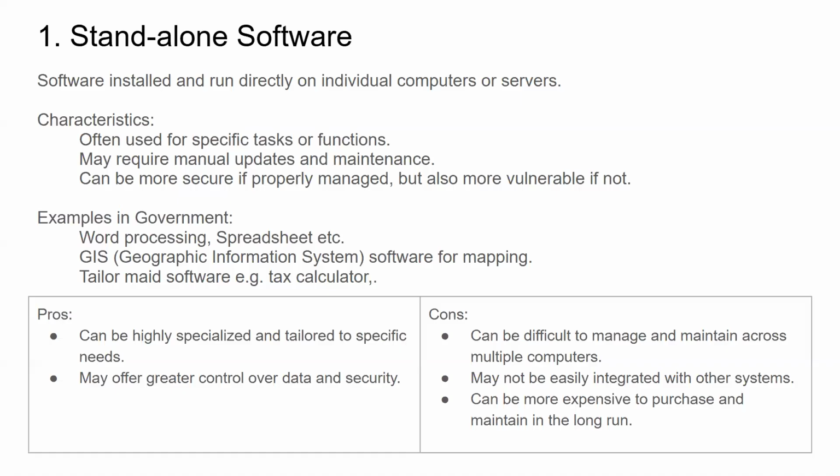But the disadvantages are that it is very limited in sharing options, and if you want to work as a group, this software does not support collaboration, right? And also it is difficult to integrate with other systems.